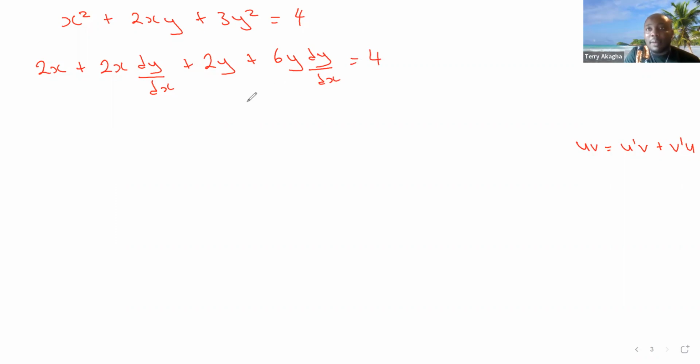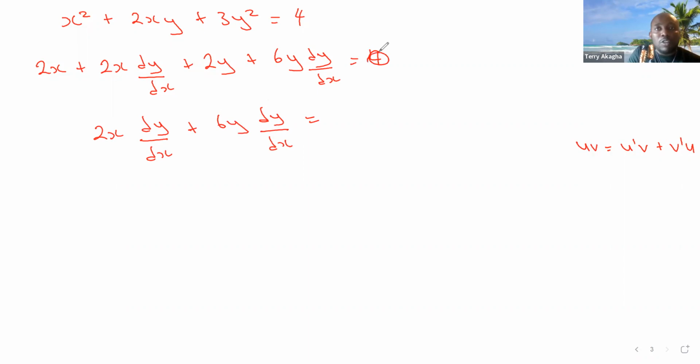Next thing, you collect like terms. So it's going to become 2x dy over dx plus 6y dy over dx is equal to, sorry, this is going to give you 0 because when you differentiate 4 it is 0. You take 2x to the other side, it's going to give you minus 2x. You take 2y to the other side, it's going to give you minus 2y.